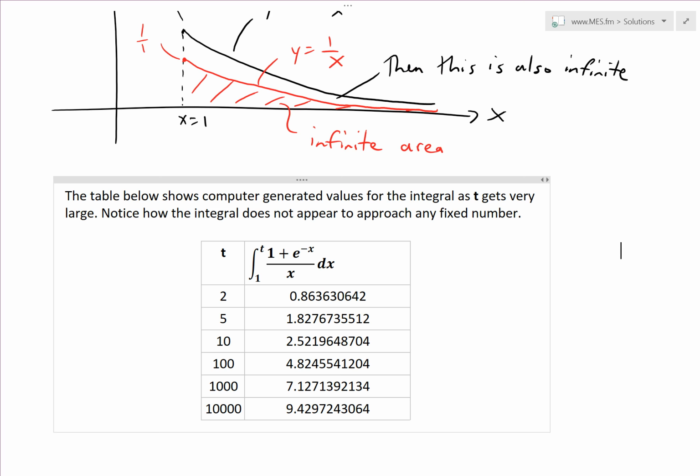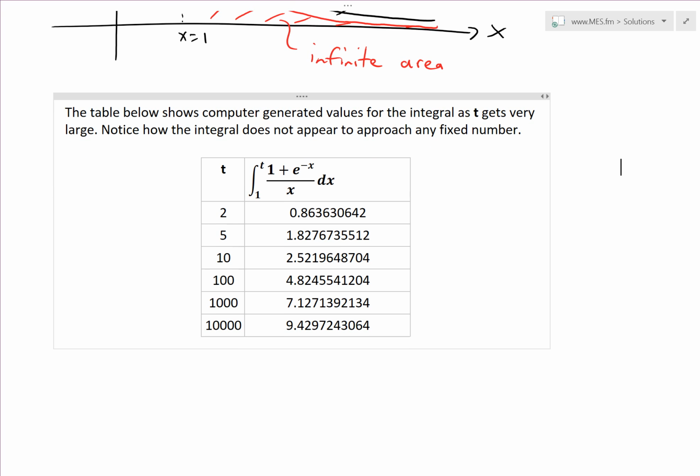Now one more thing I just want to bring up that is pretty interesting is this table below, which shows computer generated values, using any computer calculator that can do this, for the integral as t gets very large. If you were to calculate these out, you would get these values, and notice how the integral does not appear to approach any fixed number. So t is just the upper limit from 1 to t, as it gets bigger and bigger, getting close to infinity.